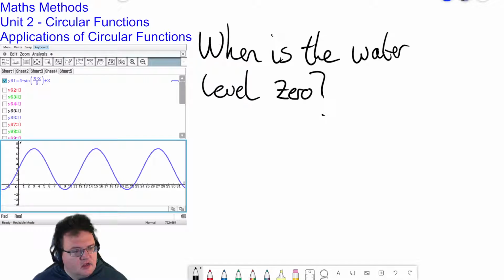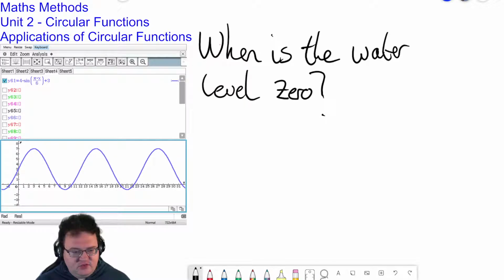So the context is, when is the water level 0? But in the context of the graph itself, what value am I looking for? What graph terminology am I looking for when I'm trying to solve this problem?